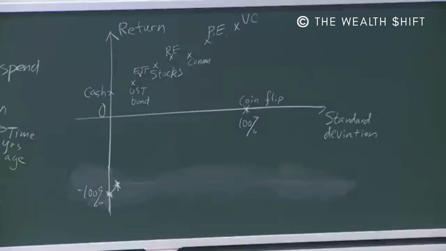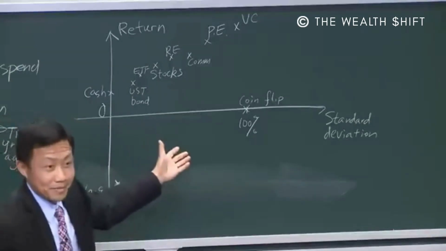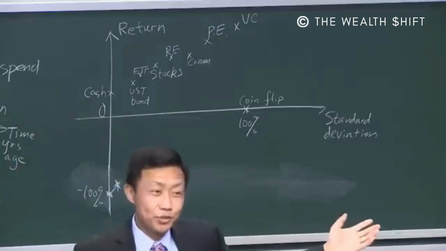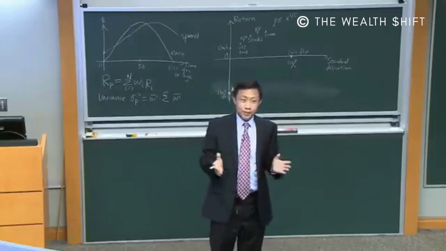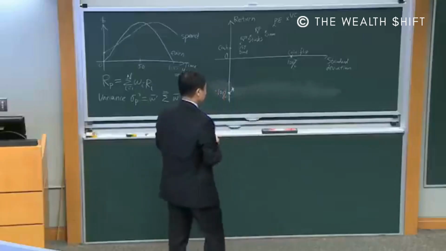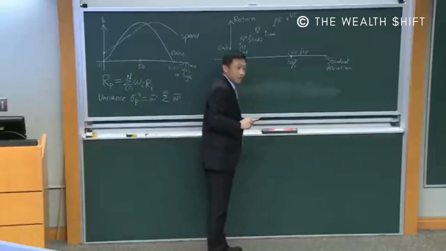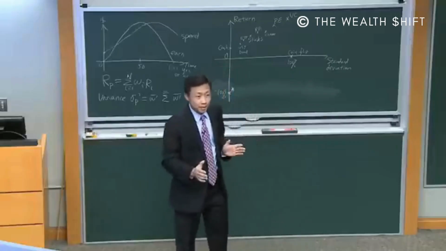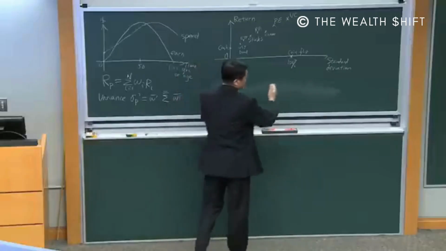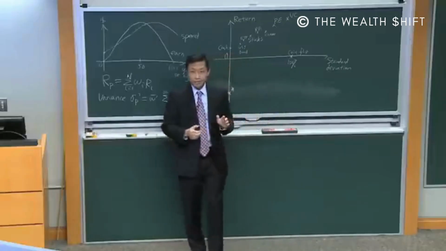Now let me turn the table around and ask you a question. Given this map, how would you like to pick your investments? You learned about portfolio theory. As a so-called rational investor, you try to maximize your return and at the same time minimize your standard deviation, right?